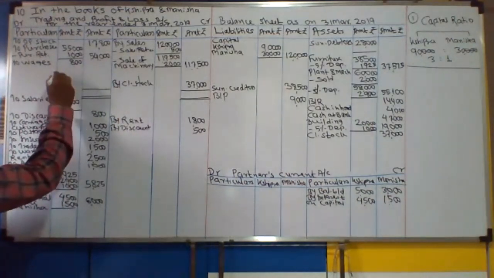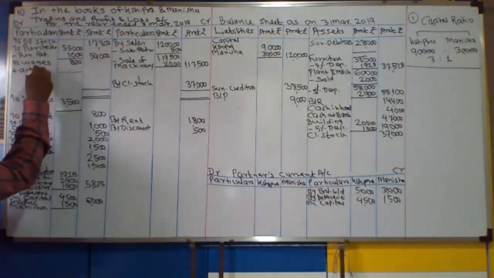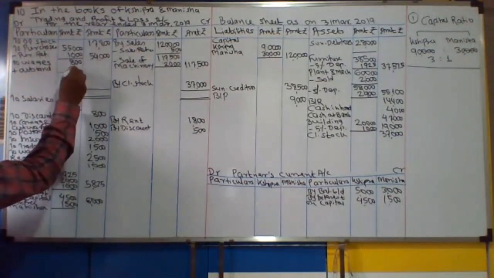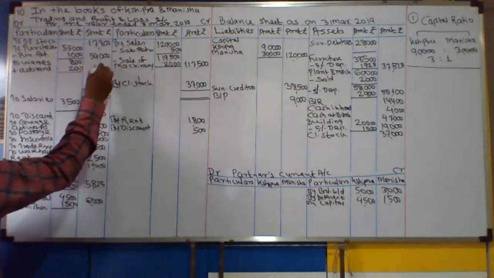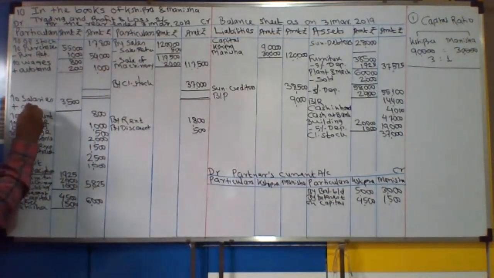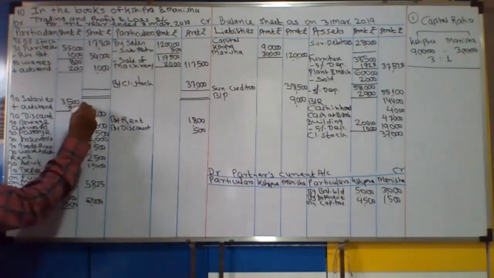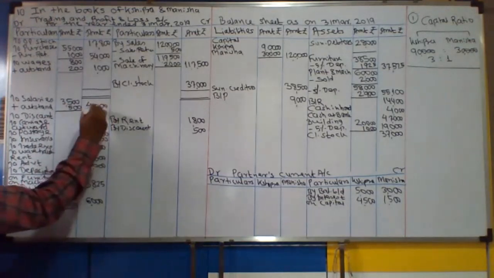Adding outstanding wages, outer column it is 1,000. Adding salaries, salaries outstanding are rupees 500. Outer column it is 4,000 rupees.